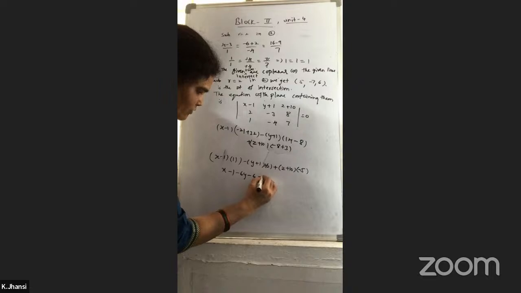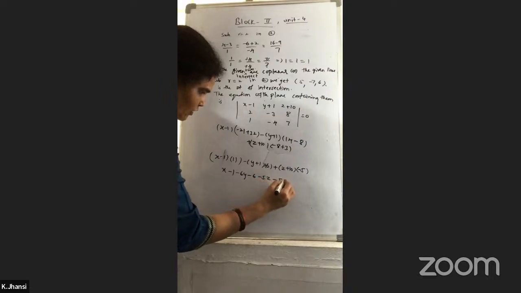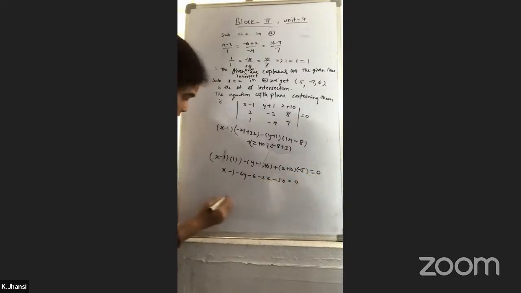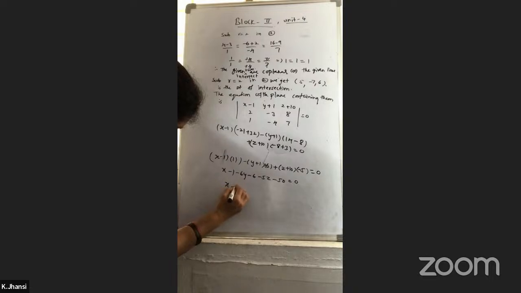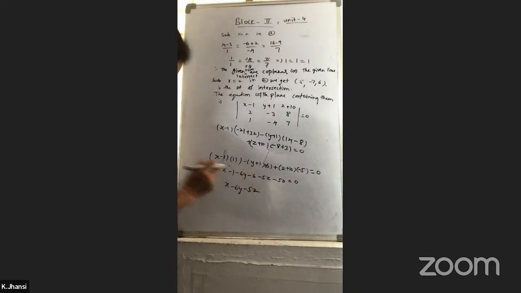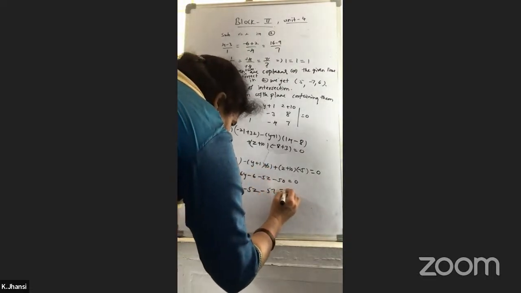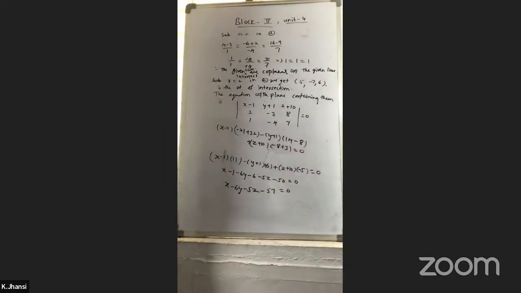And this is minus 5z minus 50 equals 0. So this is 11x minus 6y minus 5z, minus 11 minus 6 minus 50, so minus 67.